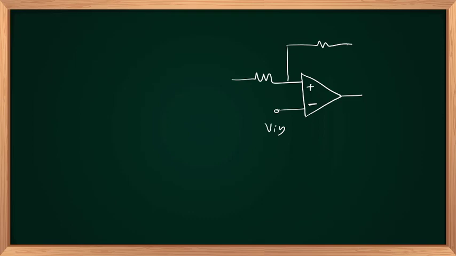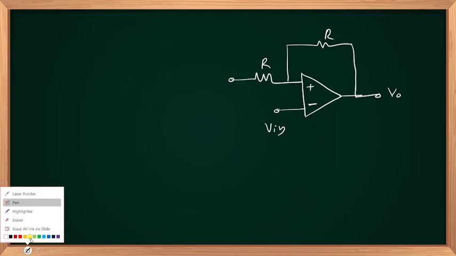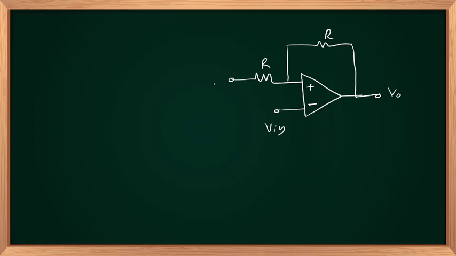We had two equal resistors, R and R. This was my Vout. Initially, the tail end of the input resistance I had grounded. Right now, I will make it plus 1 volt, positive 1 volt.